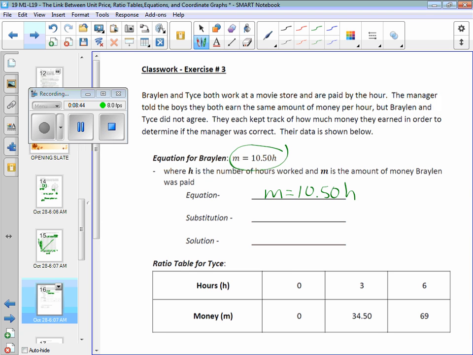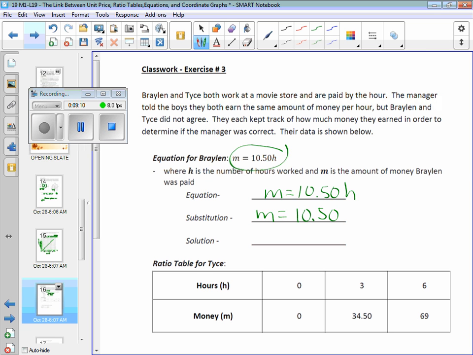What do I need to substitute in for H to figure out how much money he makes per hour? I think some of you realized that it was so simple that it didn't seem like it was right, but it is. What do you substitute in? You substitute in 1. Per hour is per 1 hour, how much he makes.